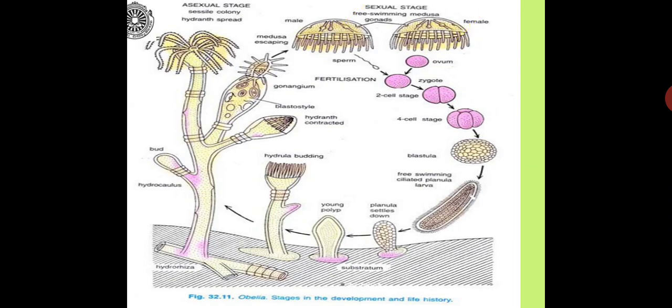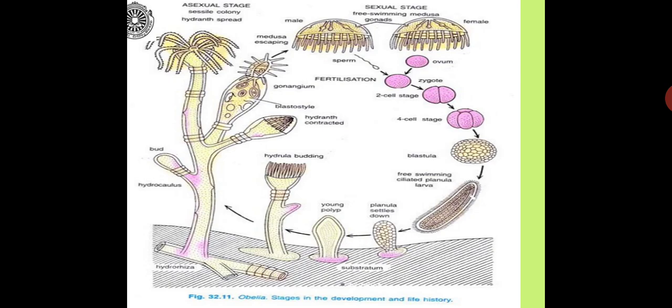The male medusae produce sperms, female medusae produce ovum, and when they unite together, they produce a zygote, and that zygote starts dividing by means of cleavage, initially into two-celled, then into four-celled, and then into blastula, and that will produce a free-swimming ciliated larva called planula larva.